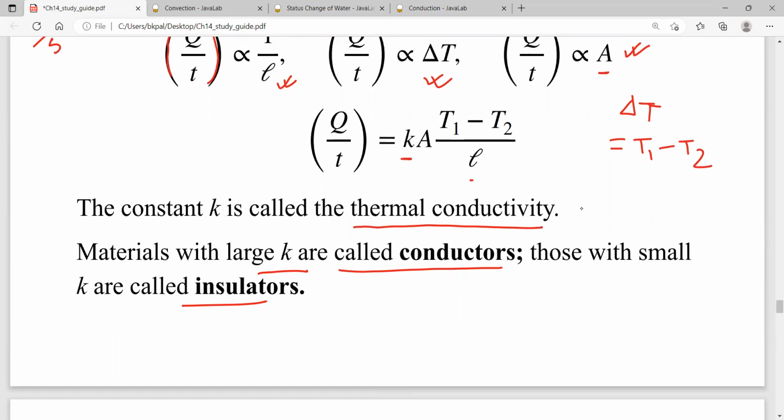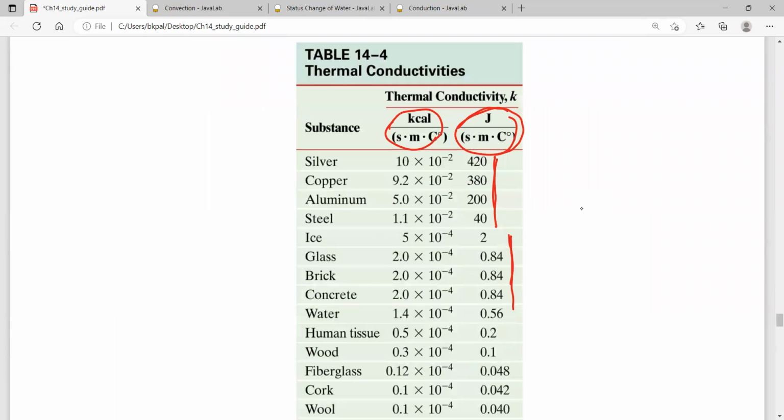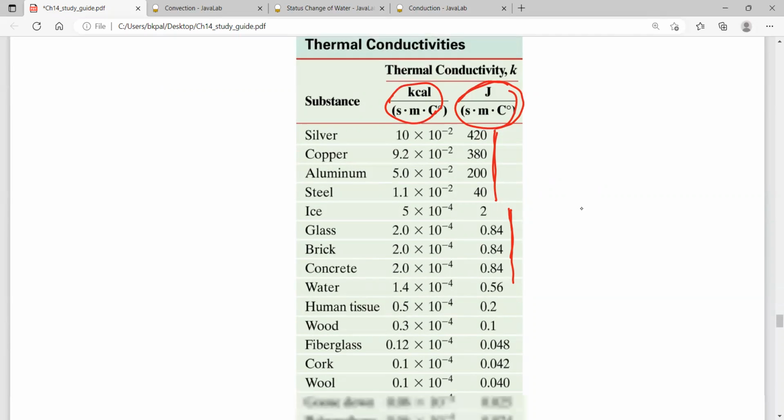So you know that metals are good heat conductors, that means their thermal conductivity is higher. Here in this table you see that silver has 420. Silver is a metal, and it makes sense that the thermal conductivity is higher because it is a good conductor. Similarly, copper, aluminum, steel.